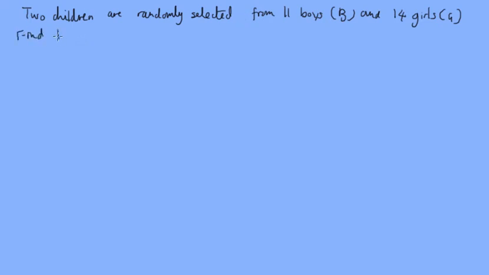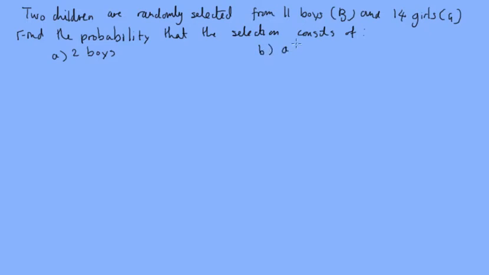Find the probability that the selection consists of, firstly, 2 boys, and secondly, a boy and a girl in any order.